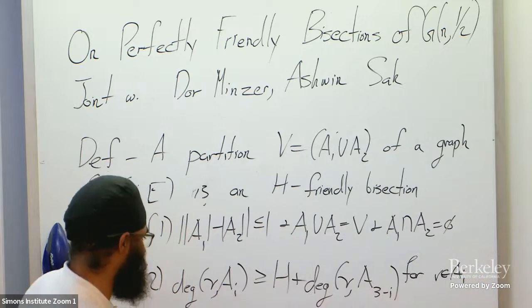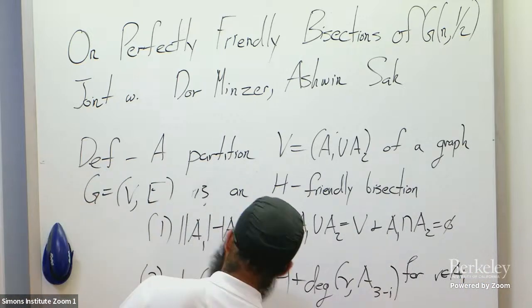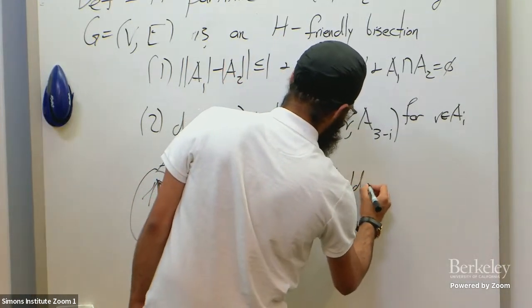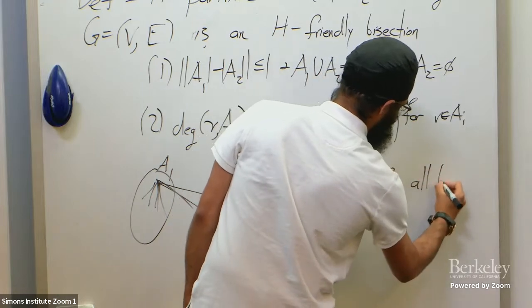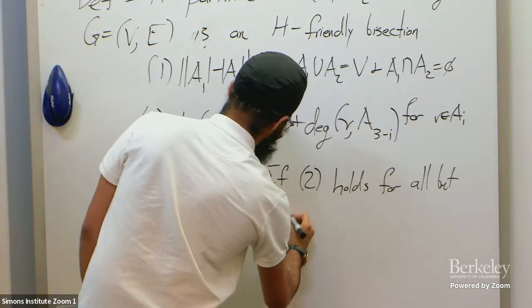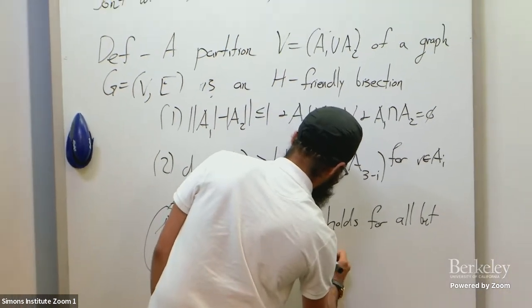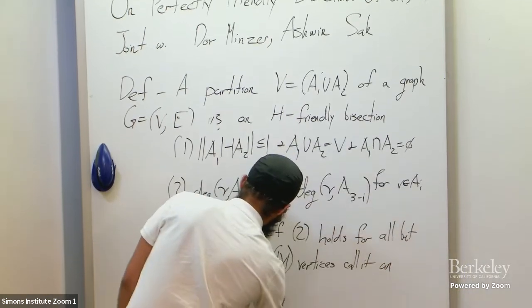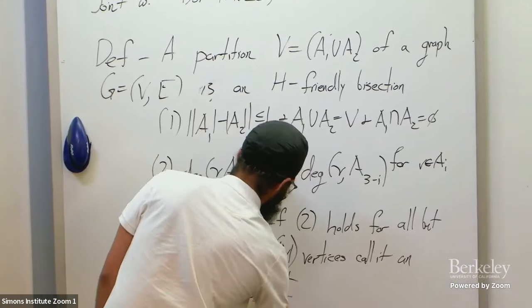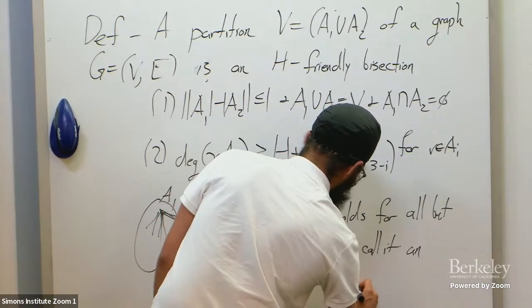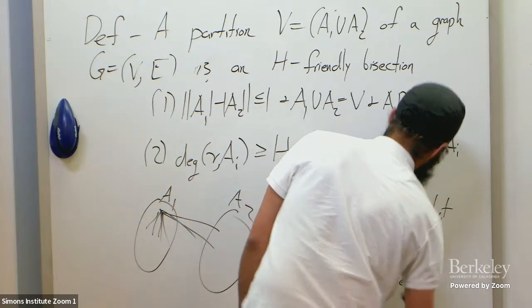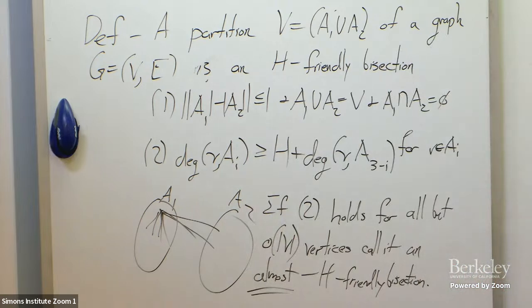And this will also be convenient at some point: if 2 holds for all but little o of n vertices, call it an almost H-friendly bisection. So hopefully the definition is clear, and if at any point something's unclear, please do interrupt me.